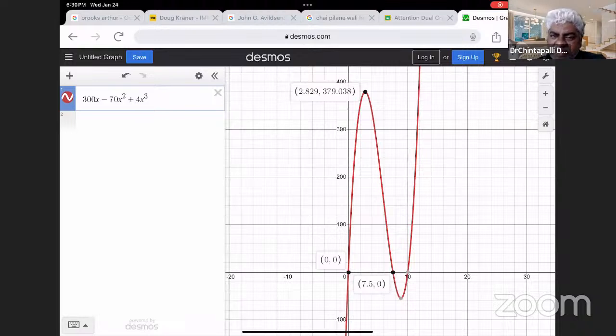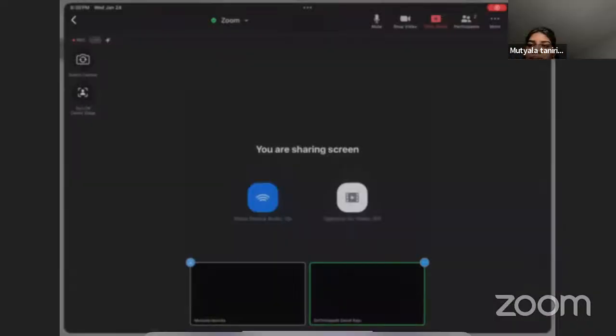Of course, we can get this value by using the formula minus b plus or minus the square root of b square minus 4ac by 2a. So should the 7.5 be considered less than or equal to 7.5, or just less than 7.5?